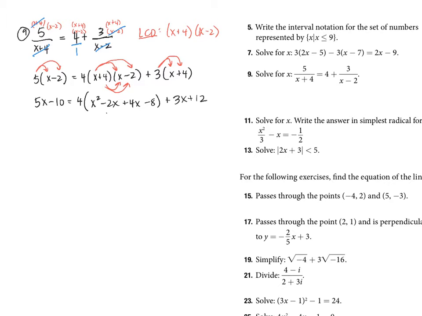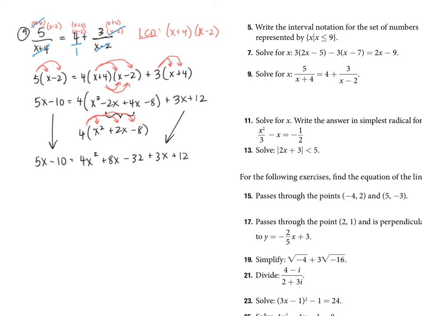Now I can combine these two. So I'm going to have 4 times x squared plus 2x minus 8. Then I have to distribute that 4 to all 3 terms in the parentheses. So I'm going to have 5x minus 10 is equal to 4x squared plus 8x minus 32. So I'm bringing all this down, and then I've got to bring this down. So plus 3x plus 12.